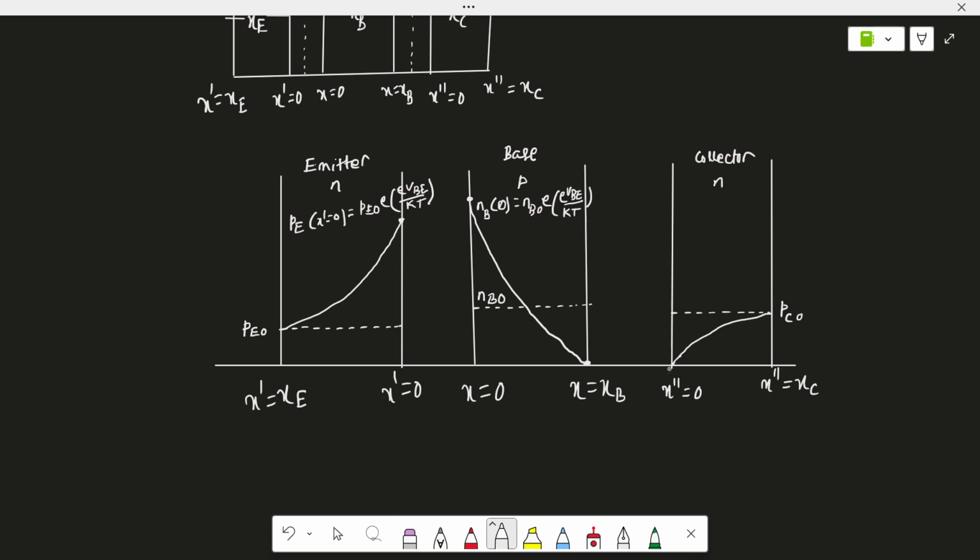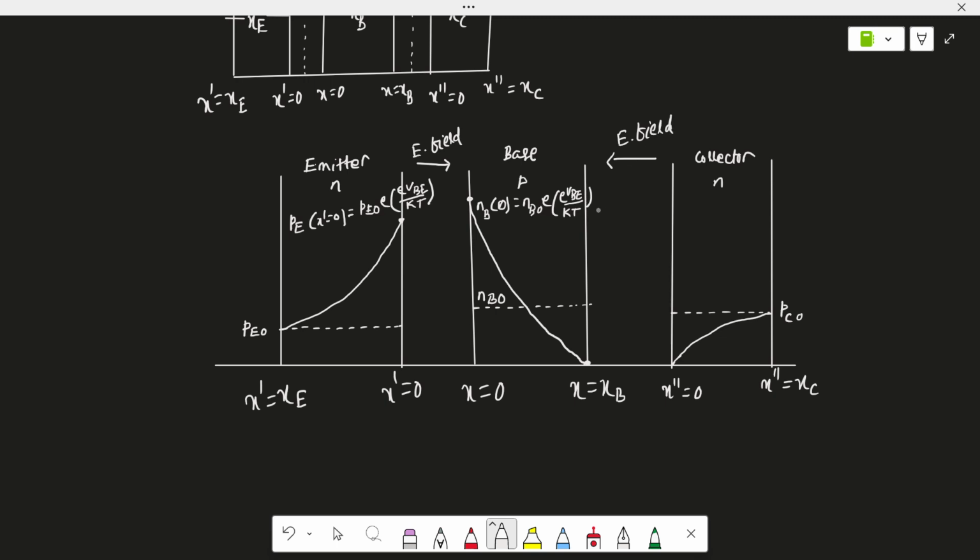Yeah, concentration is 0 at the edge of the base collector. Okay, so this is what we have already done, right? The direction of the electric field, if you see here, this is the direction of the electric field, and here this is the direction of the electric field. Okay, so this is the overall picture.